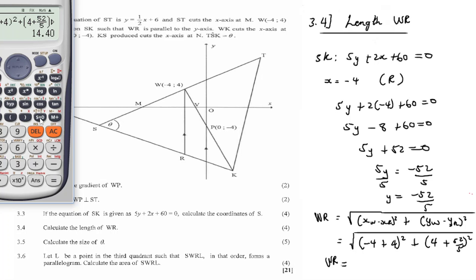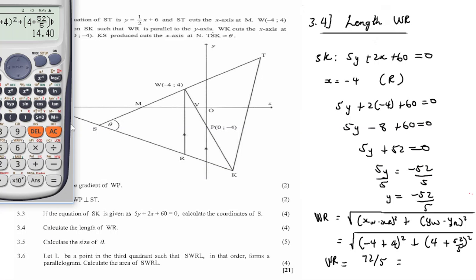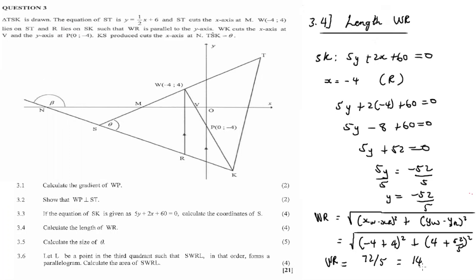The answer is 72 over 5, equal to, no more, I balance the decimal, it's still fine, 14.40 units. So now we have the length of WR.